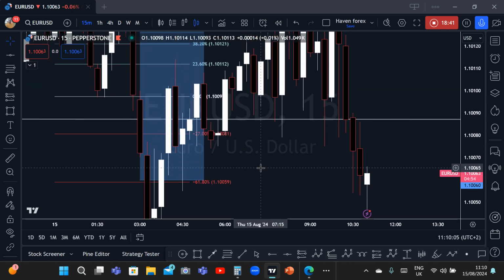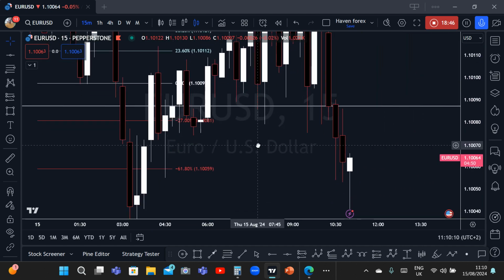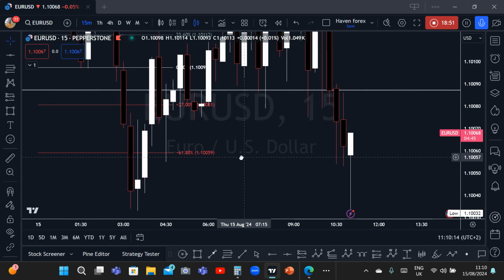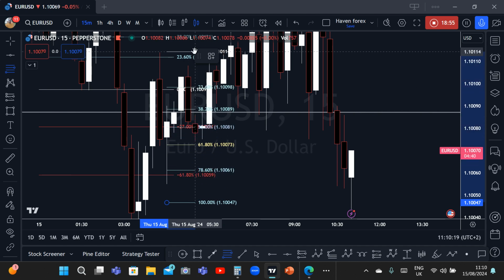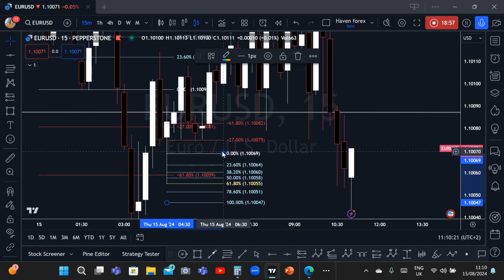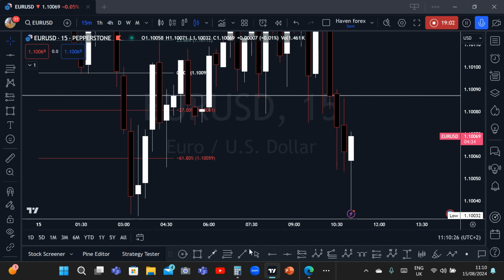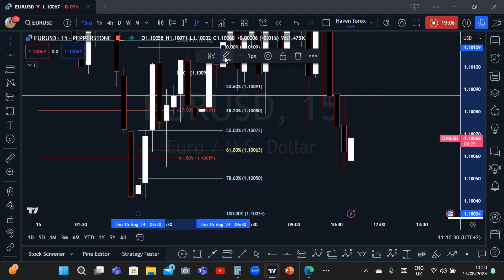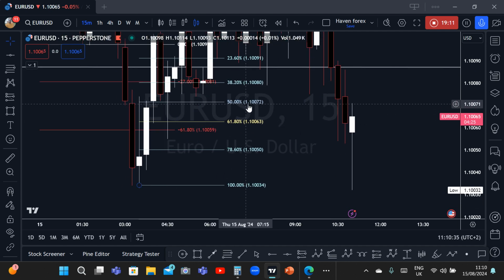Now, when you want to go bullish, all you need to do, as simple as this one, as I've showed us, you just put your fib like this, up. One moment. Put your fib up and wait for a retracement. Once the retracement comes, you say, okay, this is 50%, and there's a price here for 50%.